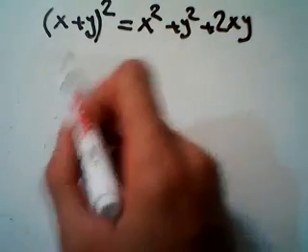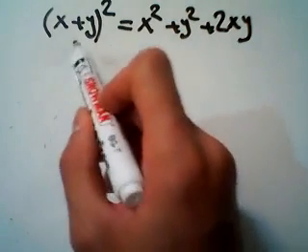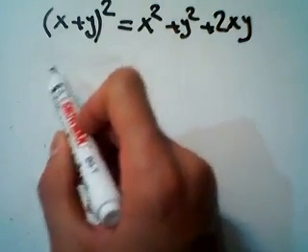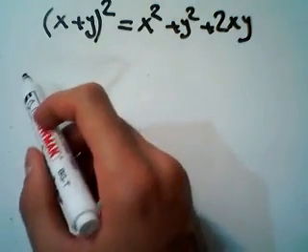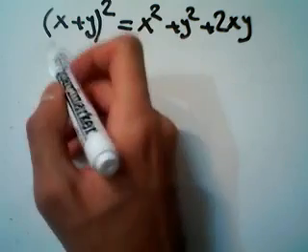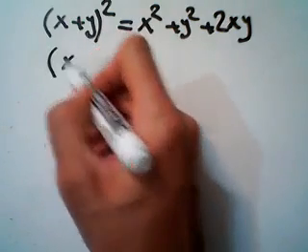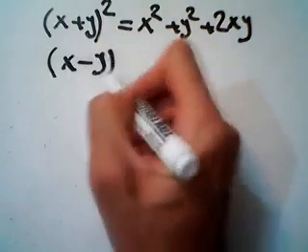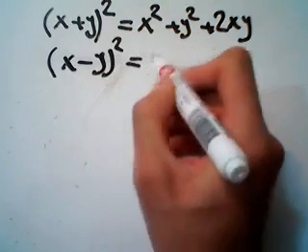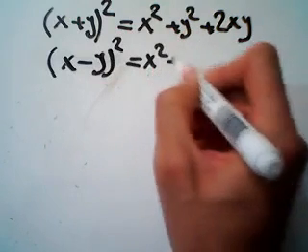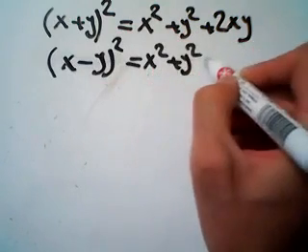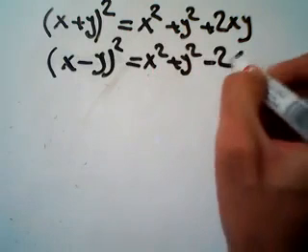Some people call it the perfect square identity. And it has another version, which is x minus y squared equals x squared again plus y squared, and this way minus 2xy.